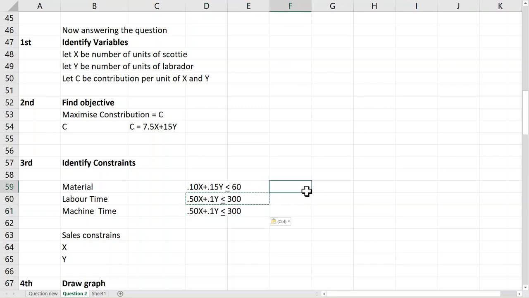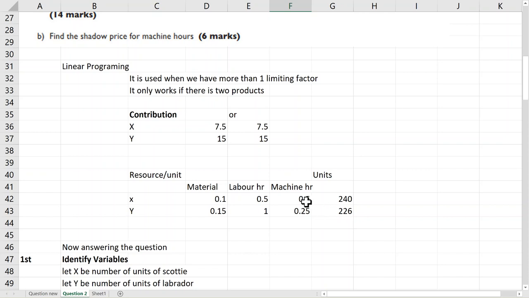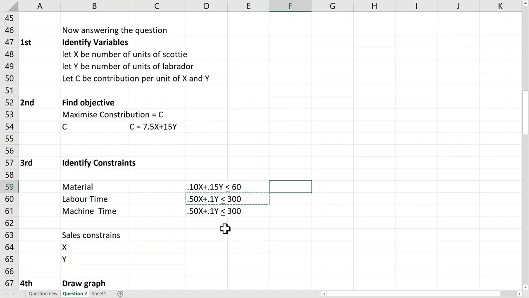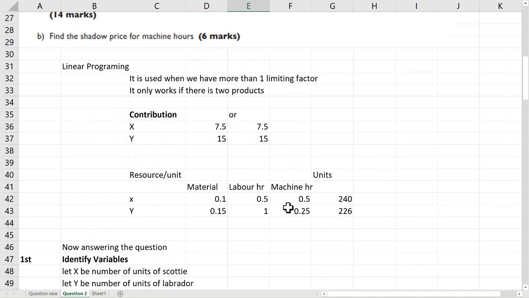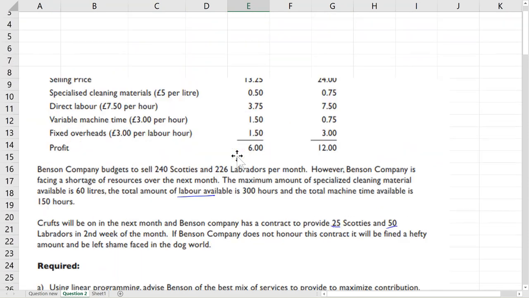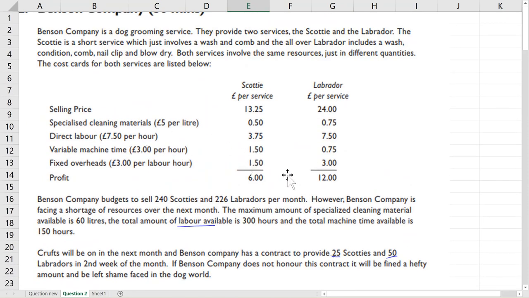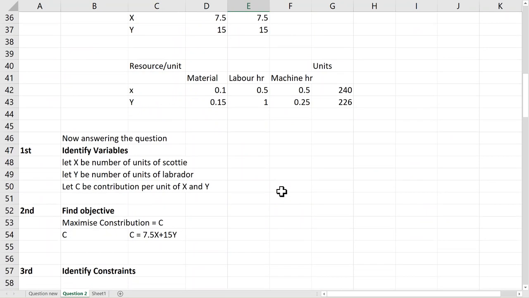And then machine time is 0.50 and 0.25, and the maximum available is 150 hours.